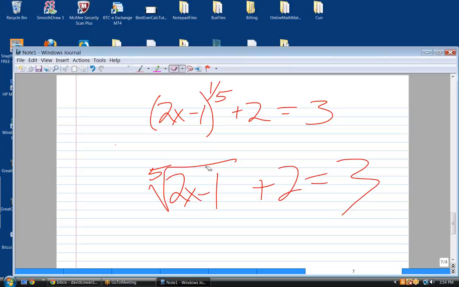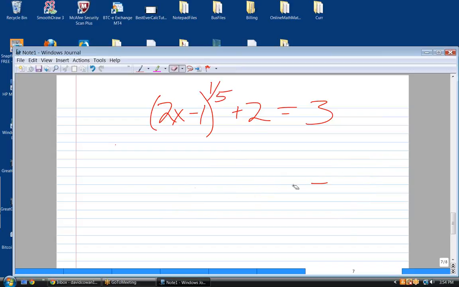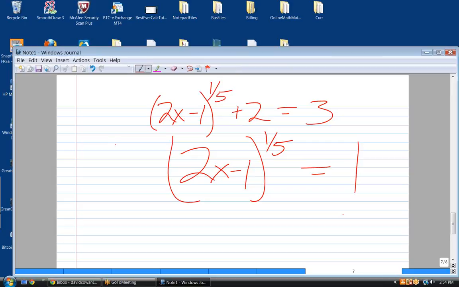What's the first step? You subtract. And then you're going to want to exponentiate by 5, power of 5.